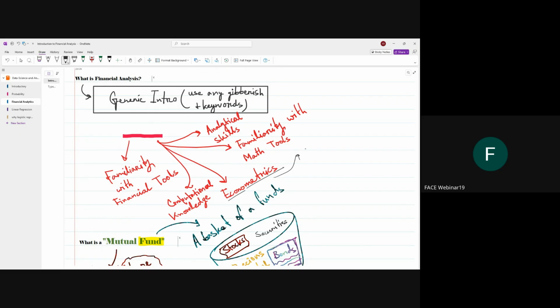So basically metrics that are used to measure something which is related to economics. So economic metrics, you can say it like that.